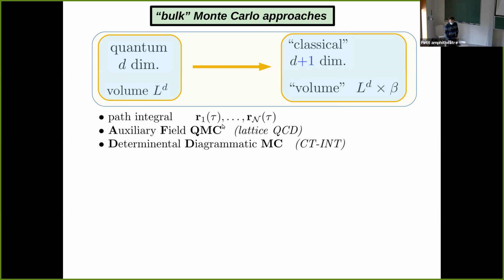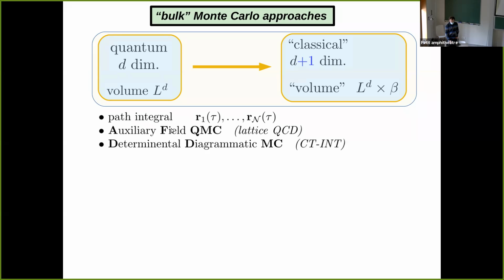And there are several kinds of such approaches, which correspond to several kinds of this mapping. One of them is path integral Monte Carlo, where each of the n fermions gets a sort of classical trajectory as a function of the imaginary time.